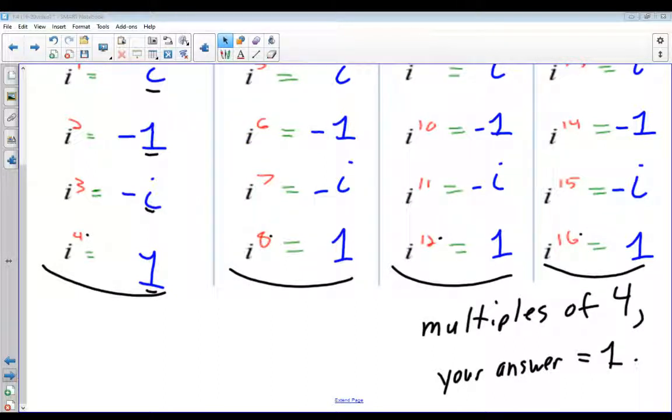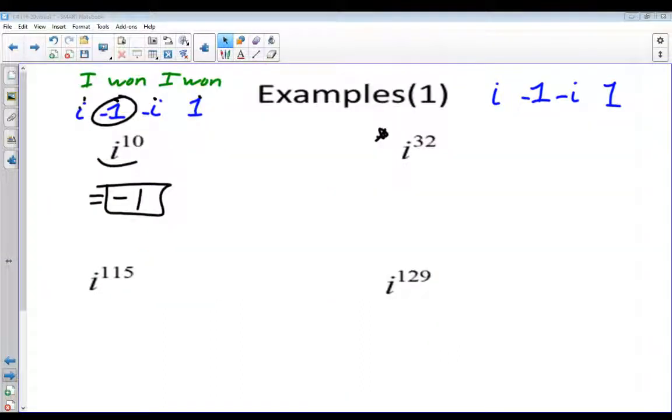Let's take a look at that previous example, i to the 32. Is 32 a multiple of 4? The way you can figure that out is to divide it. 32 divided by 4 gives you 8.